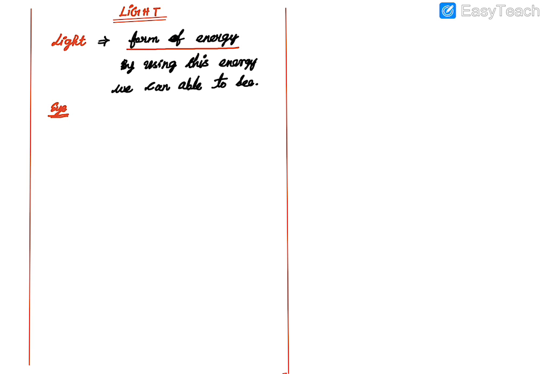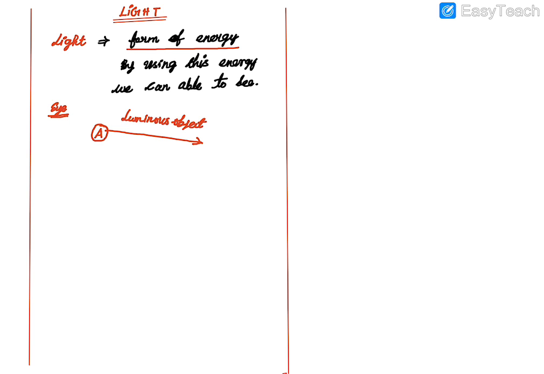I asked a question: if you close your eyes, you cannot see. Students, because of reflected light or emitted light we can see different things. For example, this is object A, and from this object the light gets emitted. An object which can emit light is called a luminous object.